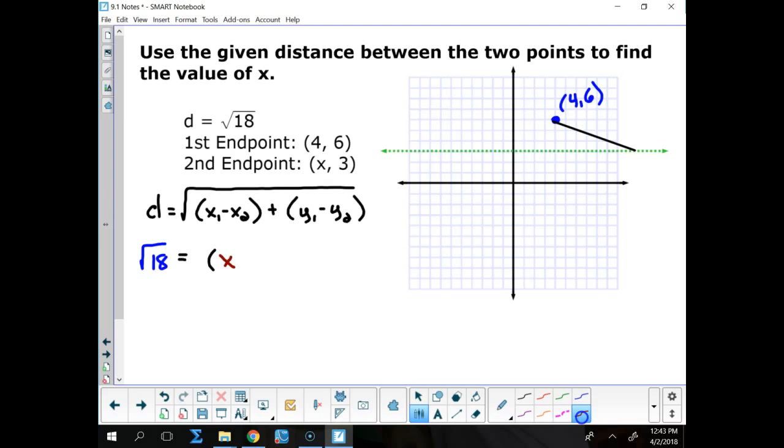It's x. I know that my second one is 4. I know that my first y is 3. Because I started with x over here, I got to have 3 over there. Which means my second one is 6.